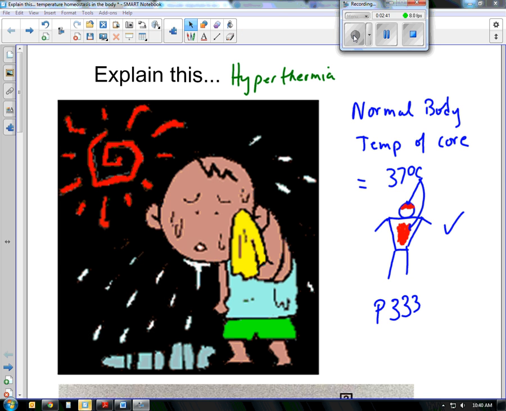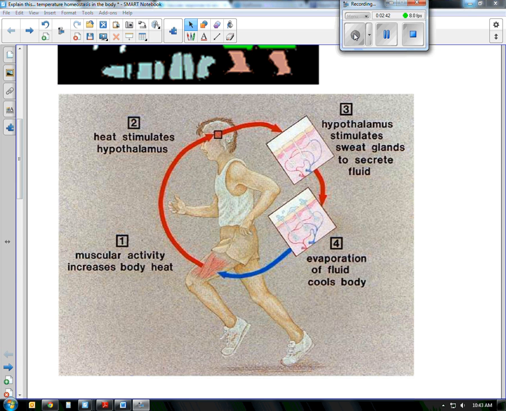Okay. So here's a little diagram that at least tells part of the story for this whole idea of regulation of hyperthermia. You can look here, we've got muscular activity going on. When your muscles work, they produce a lot of heat. That's going to start warming up the core.